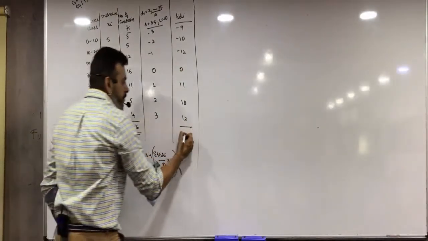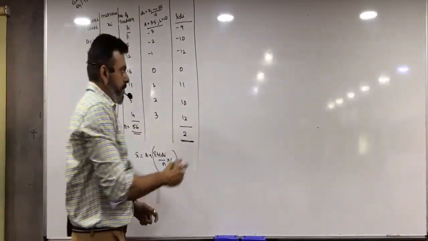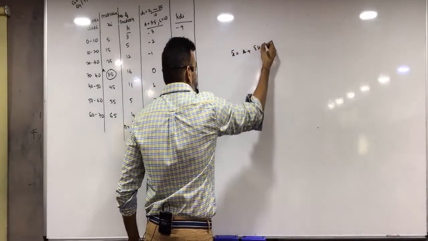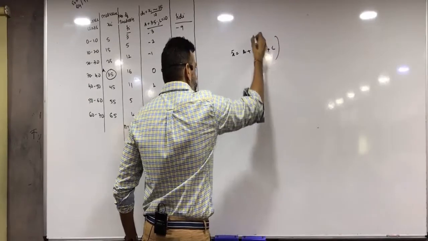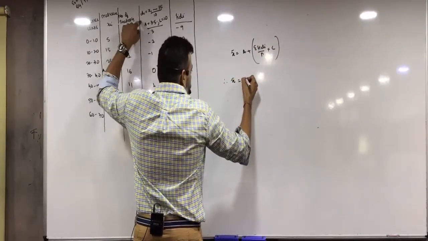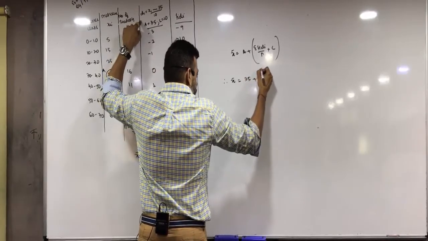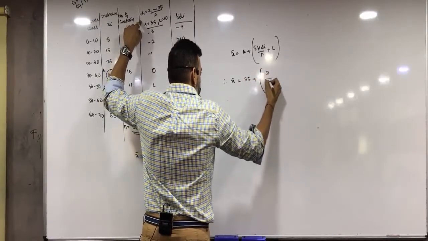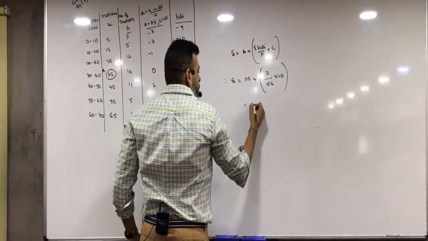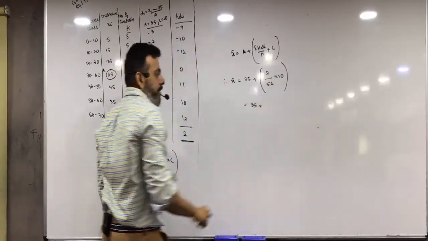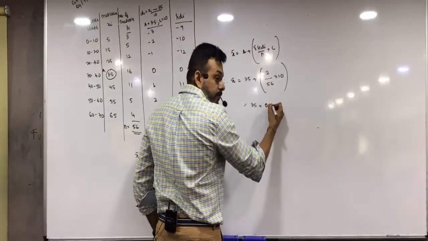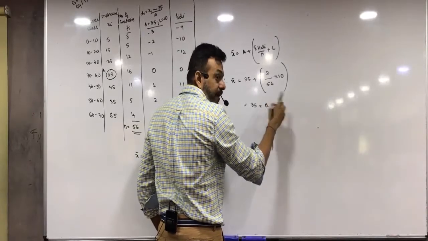Sigma Fi di is 2. x bar is equal to a plus sigma fi di upon n into c. Therefore, mean x bar is equal to, assumed mean a is 35 plus sigma fi di is 2 upon n is 56, class length is 10. 20 upon 56, 0.357.